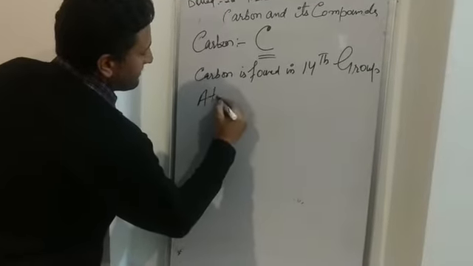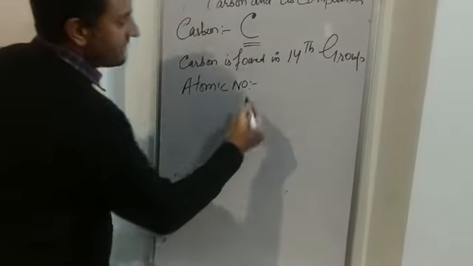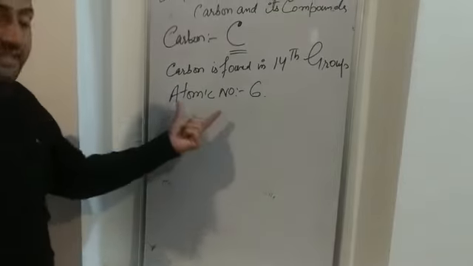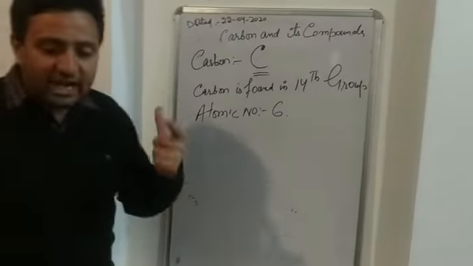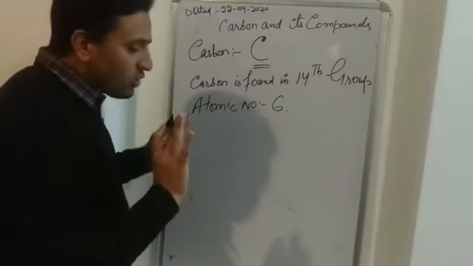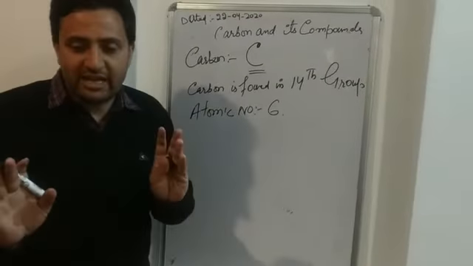The atomic number of carbon is 6. What is atomic number? Have you read about it before? Okay, I will tell you what atomic number is.